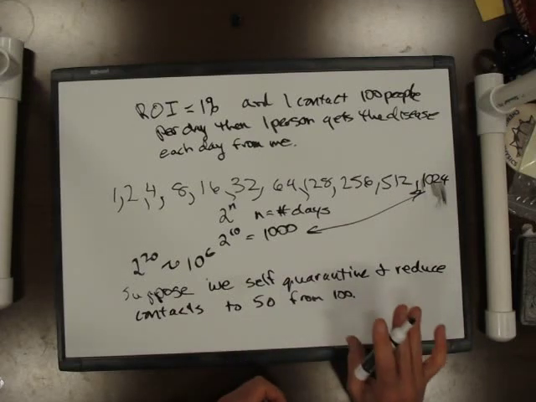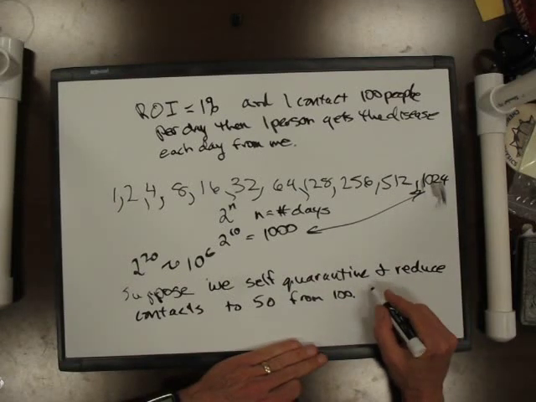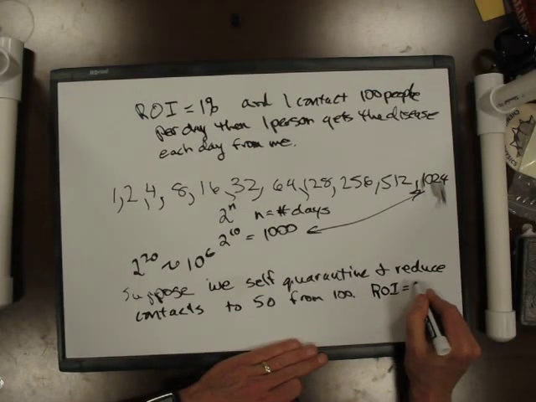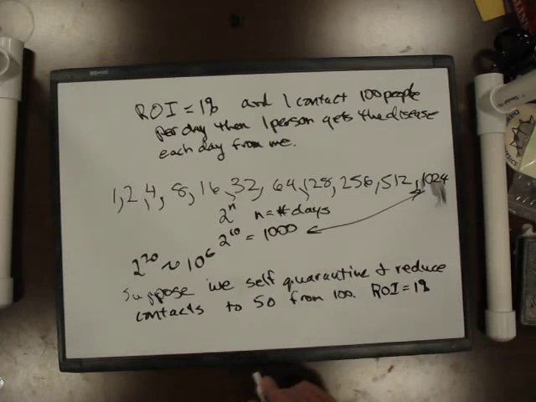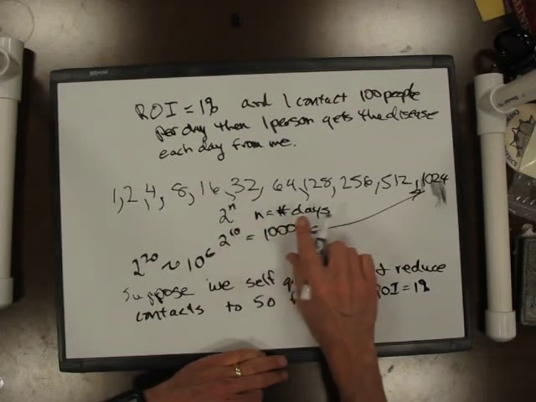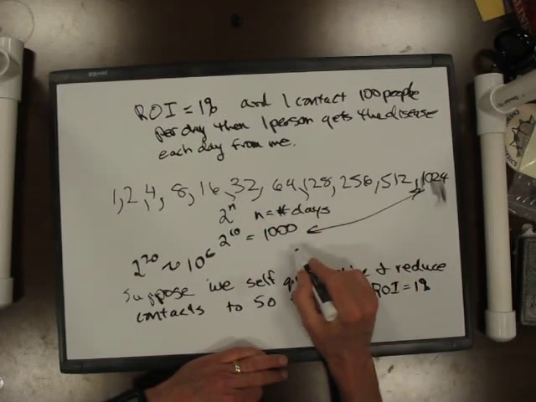So instead of seeing 100 people a day, we see 50 with the rate of infection still 1%. Right? And so in the previous case, it doubled every day, right? That was our rate.